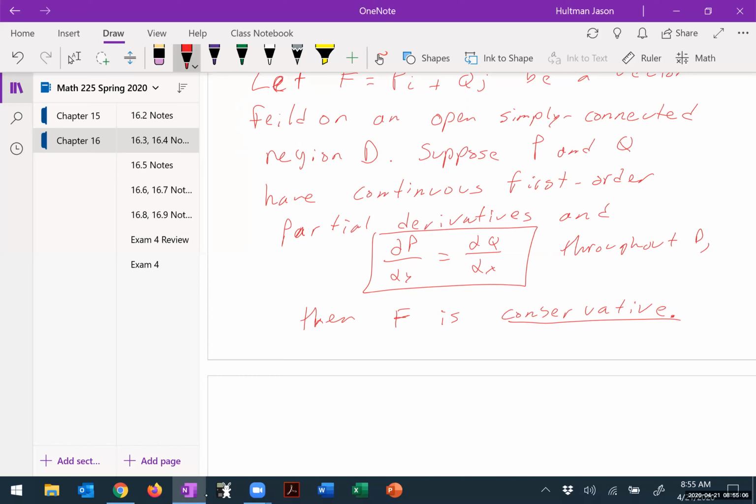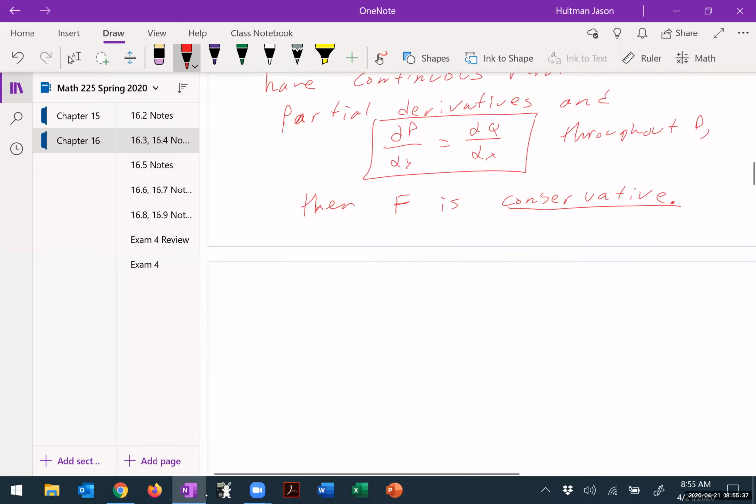If we have a simply connected region, and the partial derivative with respect to y of P and the partial derivative with respect to x of Q are equal, then we know that F, the vector field, is a conservative vector field. It is a vector field that has conservation.